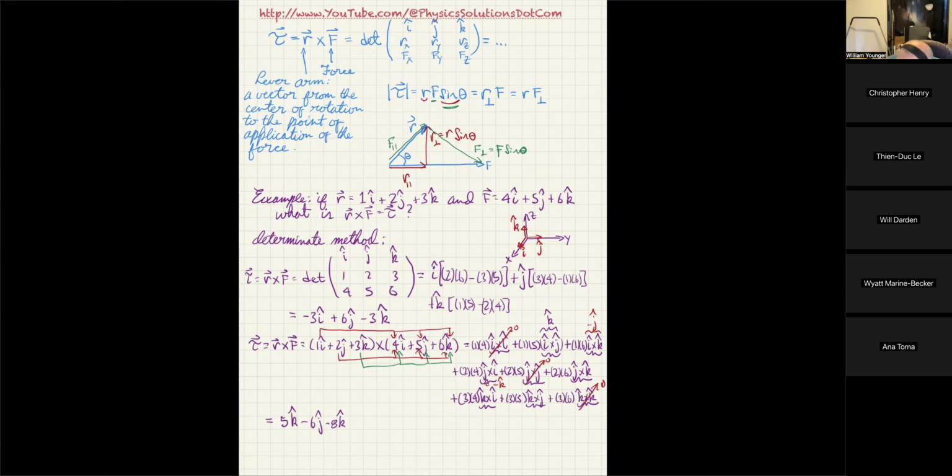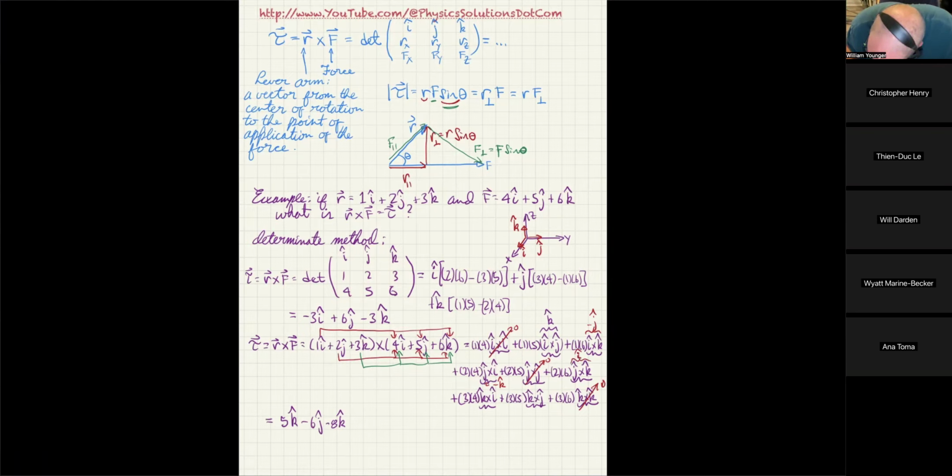The 2 times 5 j hat cross j hat is already 0. Now j hat cross k hat. I think you can see that j hat cross k hat, holding my hand like this, gives me the x hat or the i hat. So that's just going to be i hat in this case. Write this down.